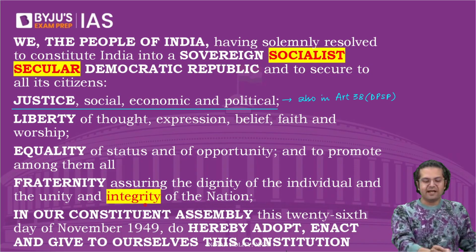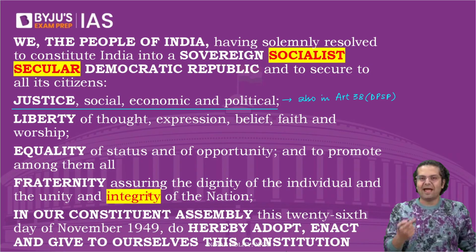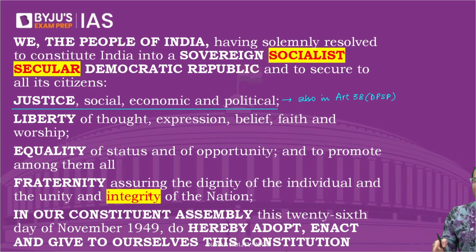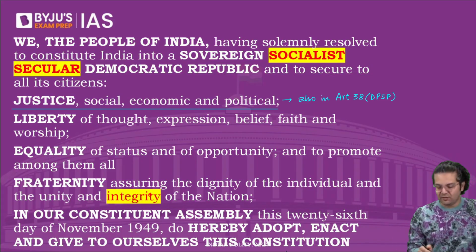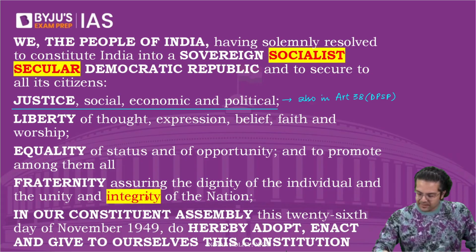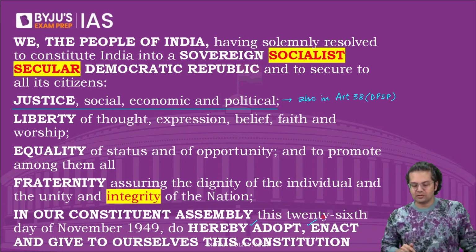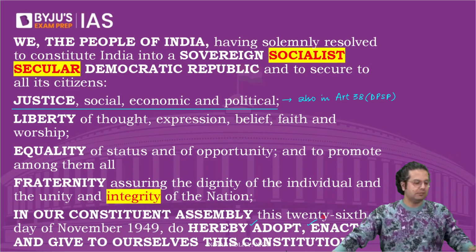These three highlighted words were added through the 42nd Amendment Act. And in our Constituent Assembly, this 26th day of November 1949, do hereby adopt, enact, and give to ourselves this Constitution. Right? So, this is the preamble.